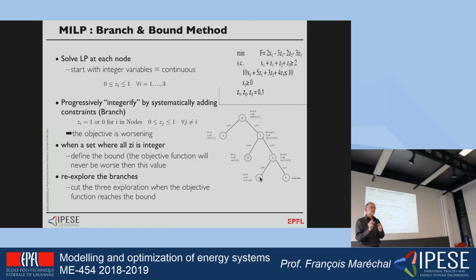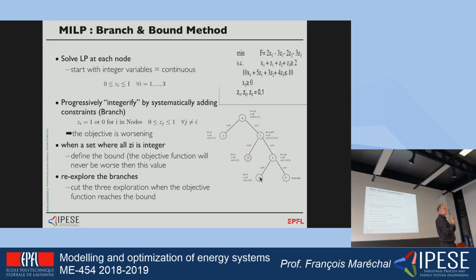And as soon as I have another complete set of constraints that fix all the values of the integer variables, so that I'm sure that I have only integer variables in the solution, if the objective function is better, so the minimum is better, then it is going to become the next worst solution that I will accept. And when I will have finished exploring the whole space, then I will decide this is the optimum solution.